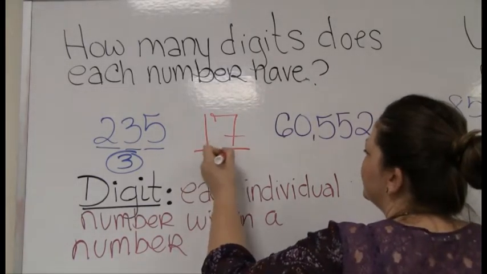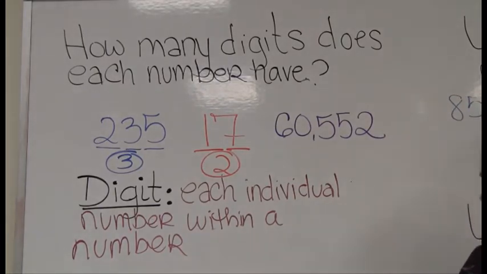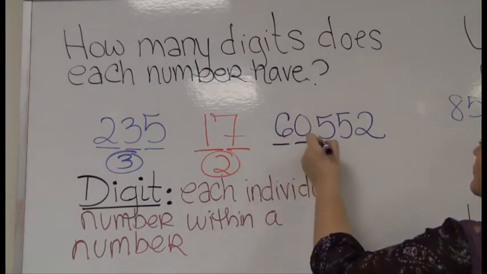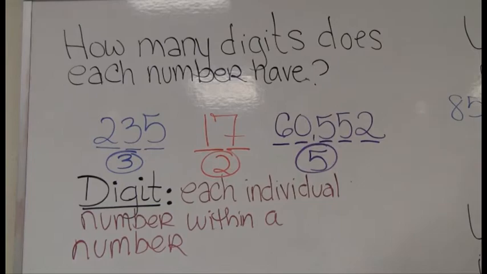We just go 1, 2, and that's a 2-digit number. Then I gave you a nice long challenge one just to put you in a panic. I got 60,552. And how many digits is this? 1, 2, 3, 4, 5. That's a 5-digit number. Pretty simple, and you'll see some practice for that on Quizlet.